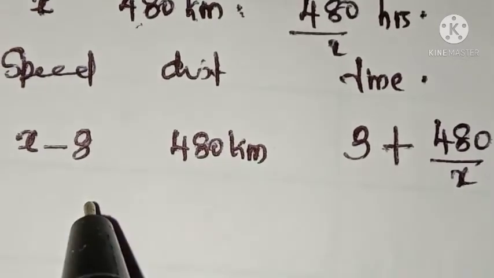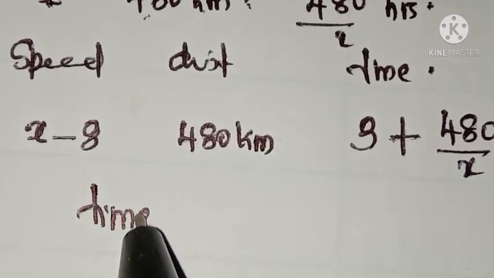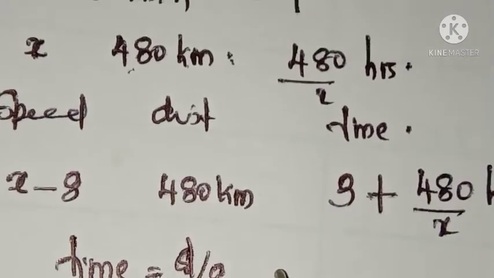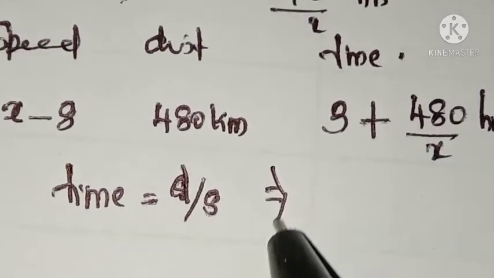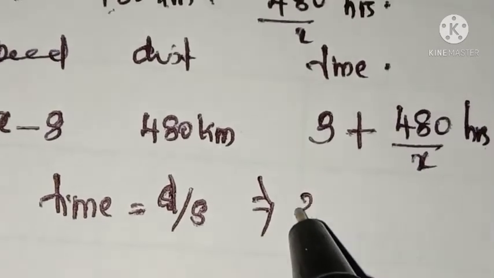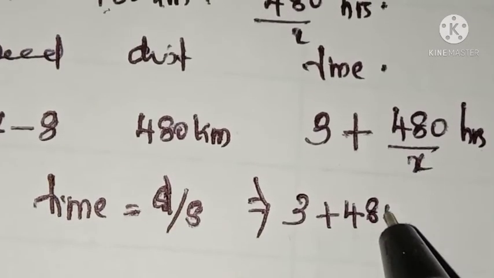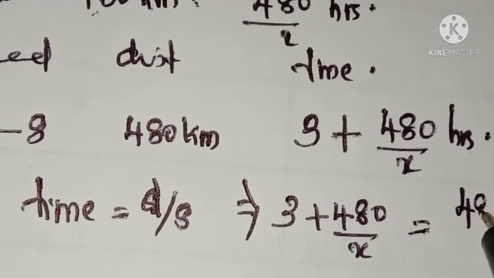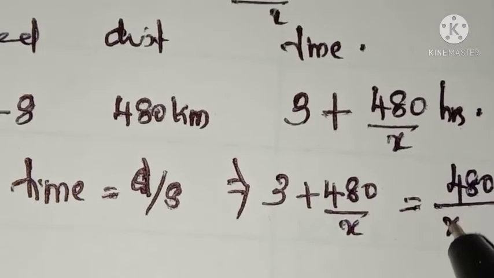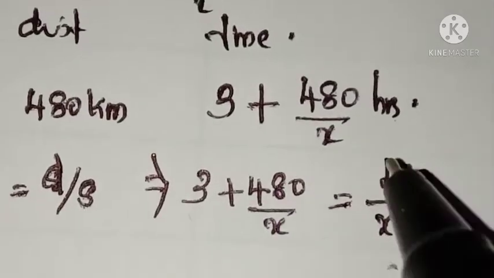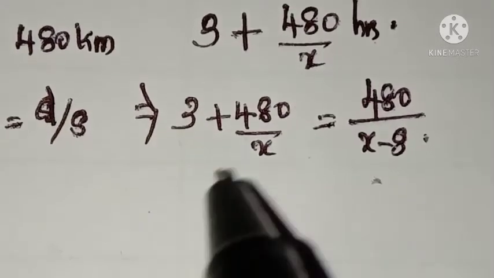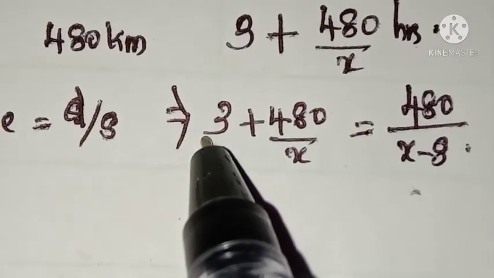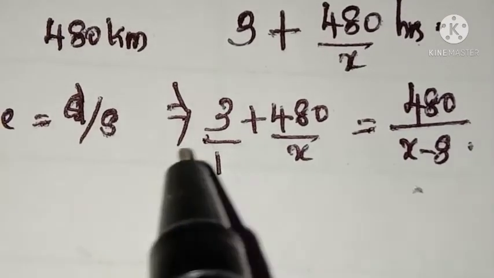So from this we can write, time is equal to distance by speed. What is time? 3 plus 480 by x is equal to distance 480, speed x minus 8. So this is our second sentence. Simplify this. This 3 can be written as 3 by 1.